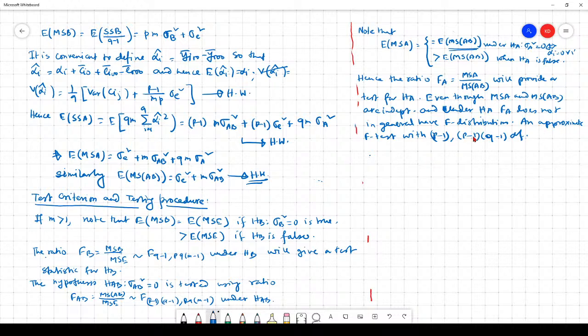So an approximate F test with p minus 1 into p minus 1 degrees of freedom may be performed for HA with the ratio FA equal to MSA by MSAB.